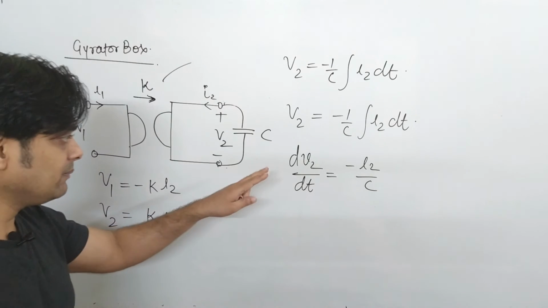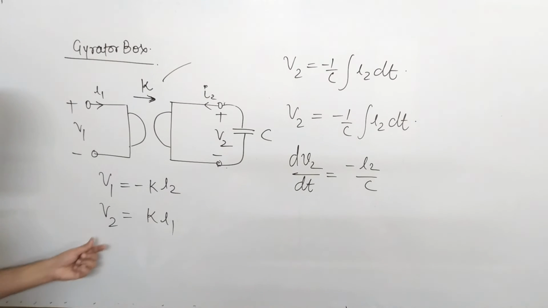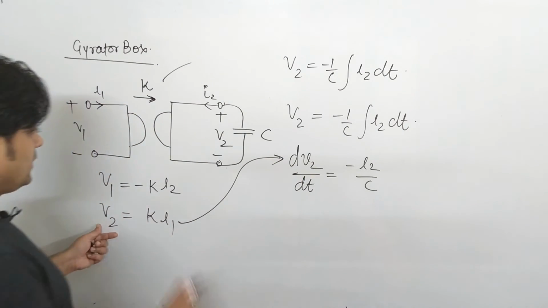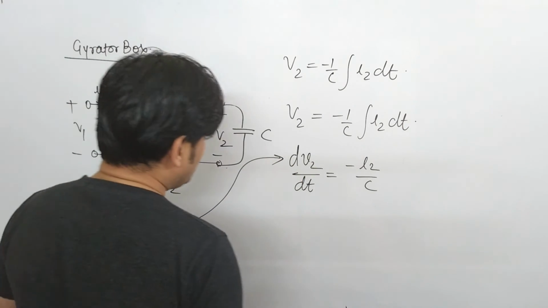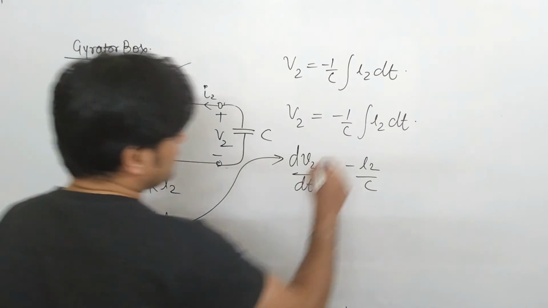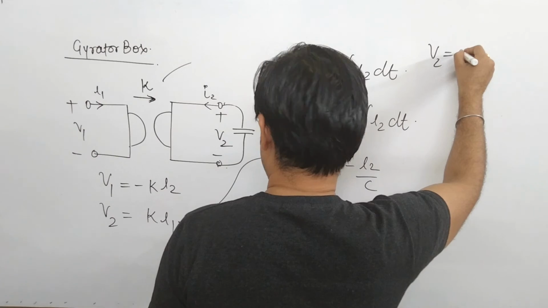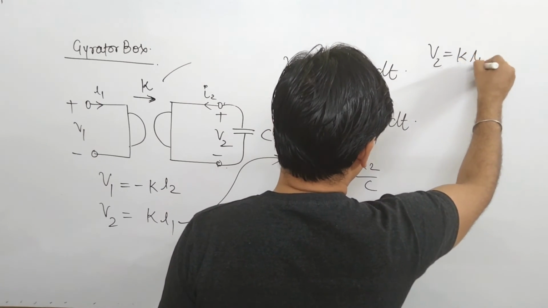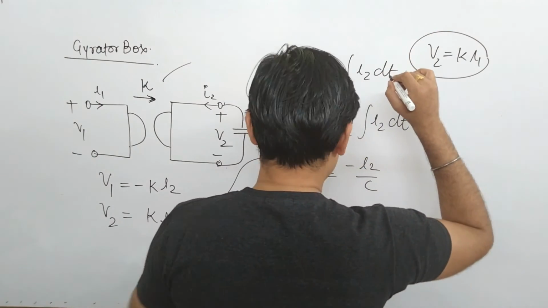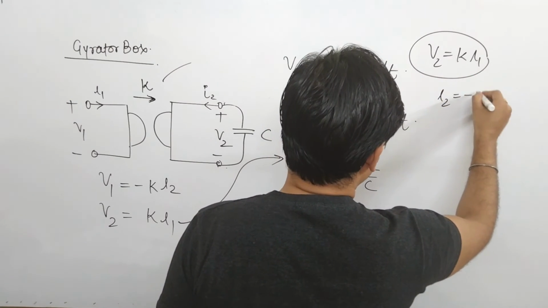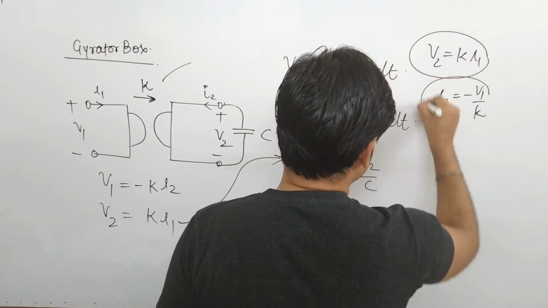So we have to replace this V2 and I2. Now if I replace this V2 and I2, V2 is in the form of this and I2 is in the form of this. From this equation, the value of V2 is K I1 first, and what is the value of I2? It is minus of V1 by K. This is second.